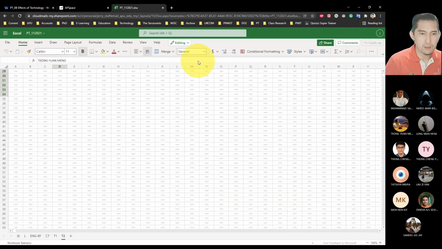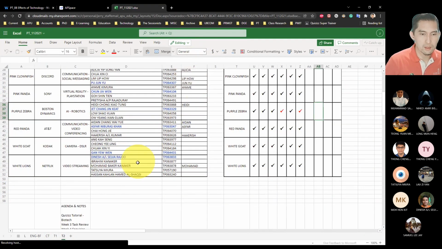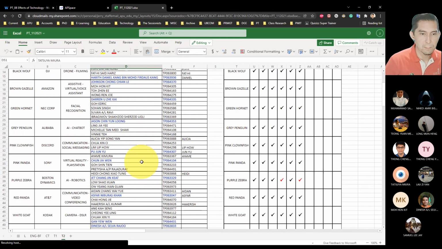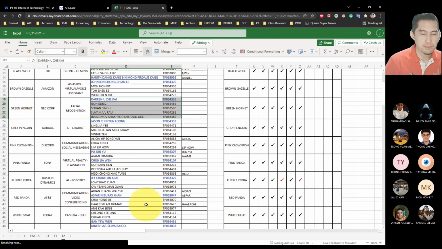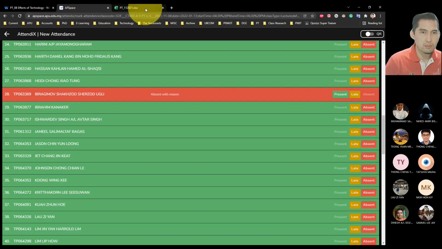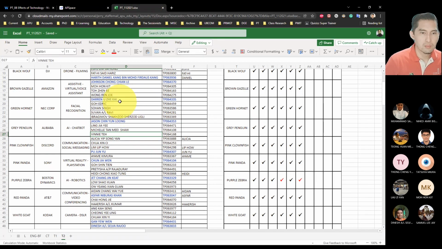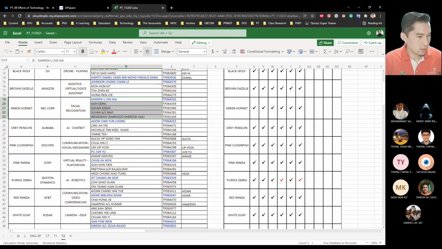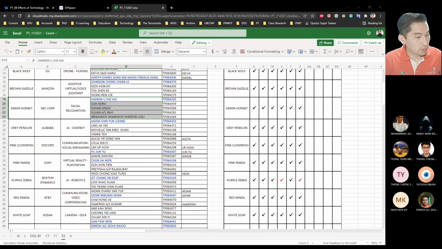No, it's not here. It's in T2 then. This group: Edric, Darren, Sohan, Suban. All right, none of them are here. Oh, Samuel, you're here. I just realized. I thought you wouldn't be able to make it.